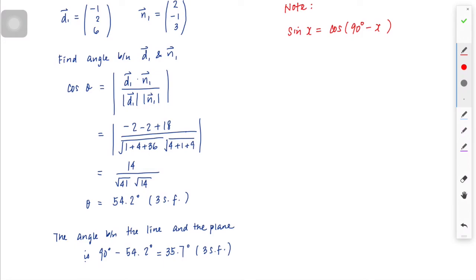So if you remembered this trig identity, we can adjust our calculation so that to find the angle between a plane and a line, we could consider using sine theta equals d1 dot n1 over the magnitude of d1 times the magnitude of n1 as well. And this way we can find the angle directly.